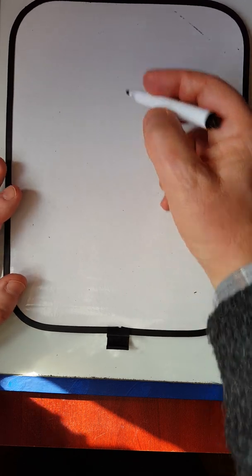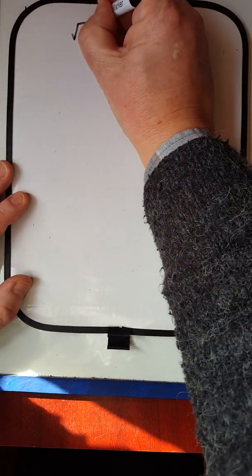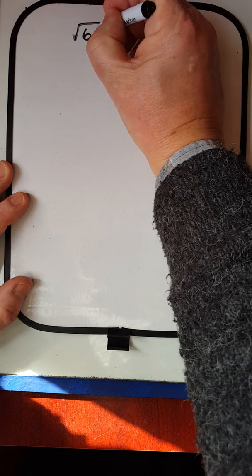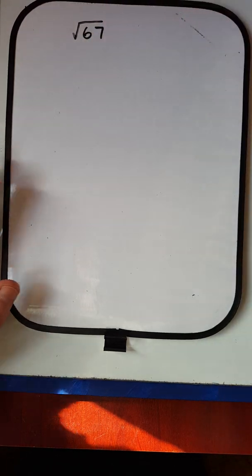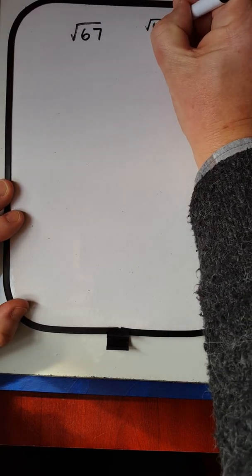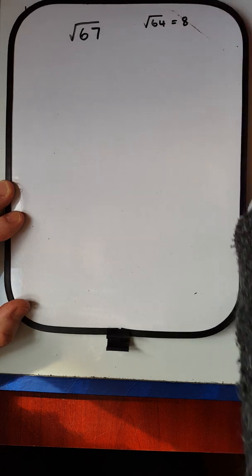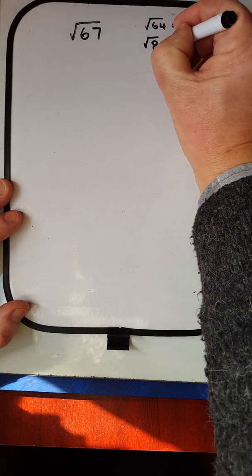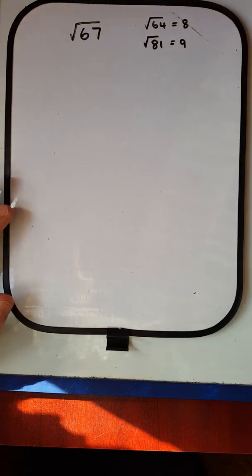If we said something like, what's the square root of, let's say, 67. Now, I don't know the square root of 67, and I wouldn't expect you to know the square root of 67, but I do know 2 important things. I know that the square root of 64 is 8, 8 eights are 64. And I know that the square root of 81 is 9.